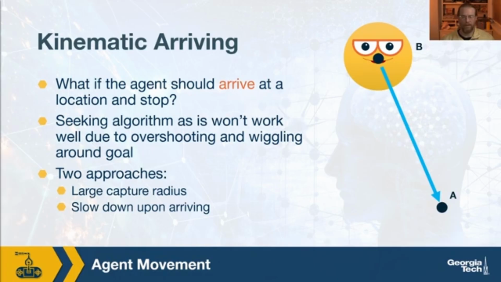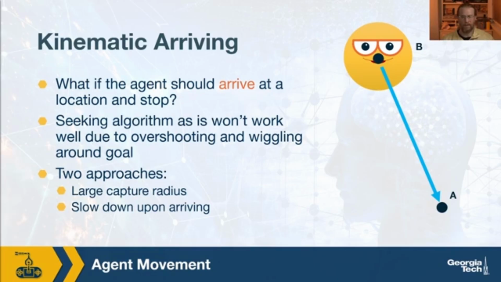So there's a couple things we need to do in order to actually get an agent to arrive. At minimum, we need a capture radius that's large enough to wash out any of those rounding error type issues that you might run into. So rather than having B be exactly A to say they've arrived, you would say that if some capture radius distance from A is greater than the magnitude of vector BA, then we know that we've arrived.